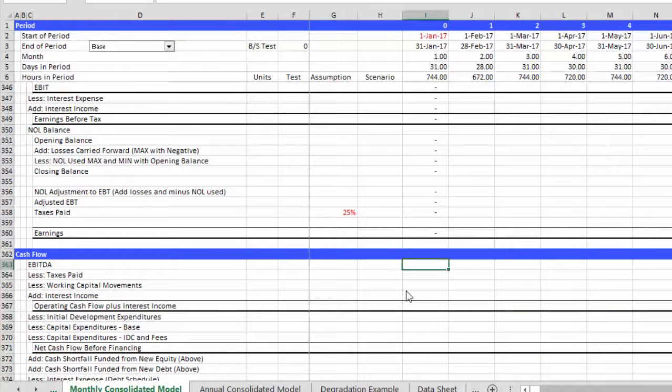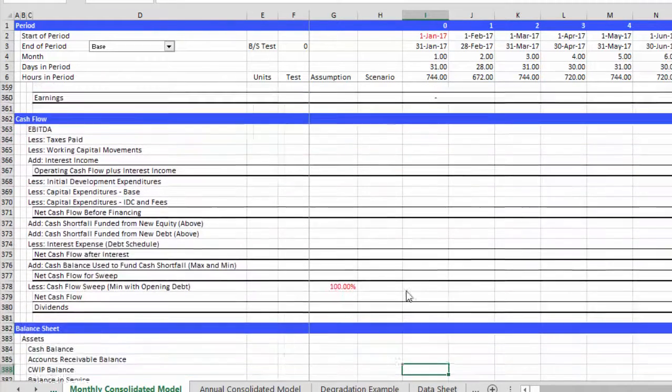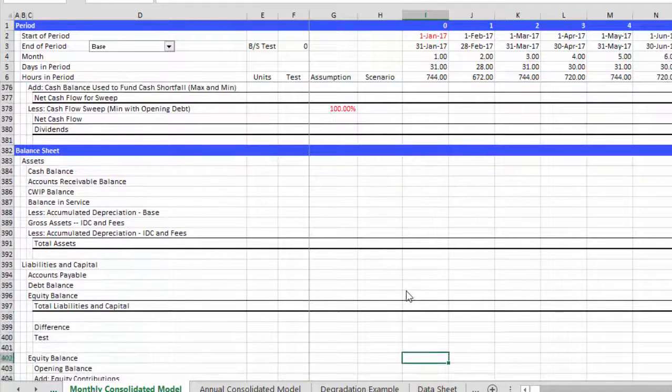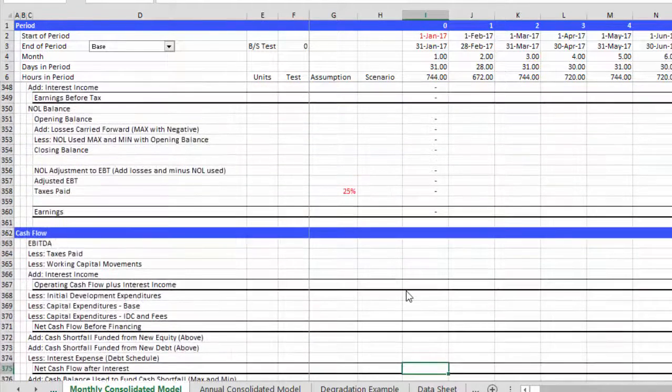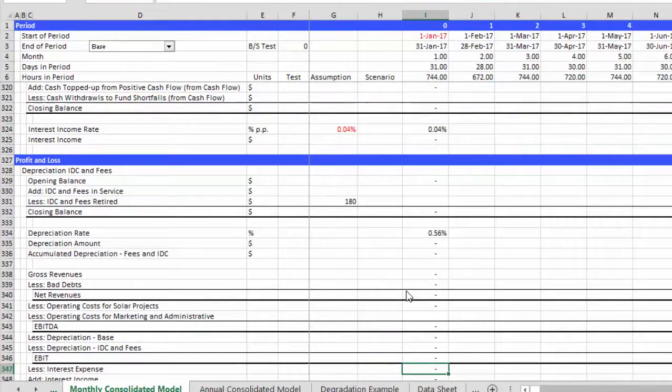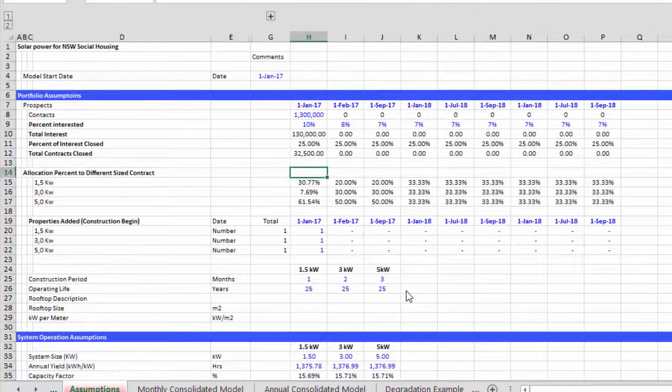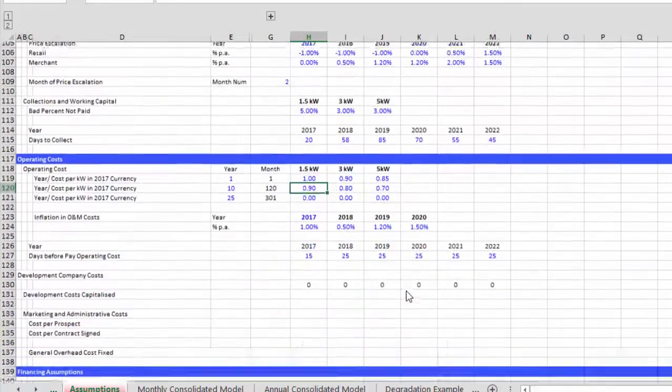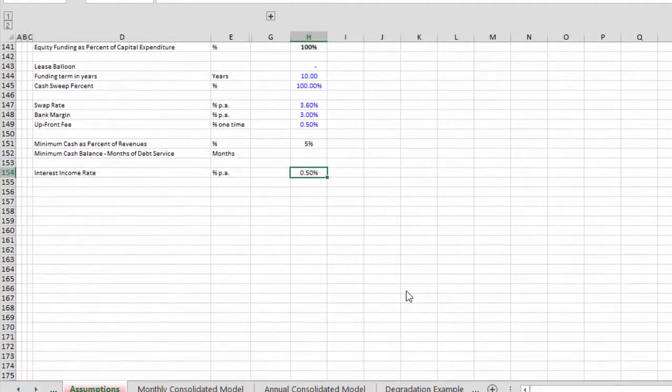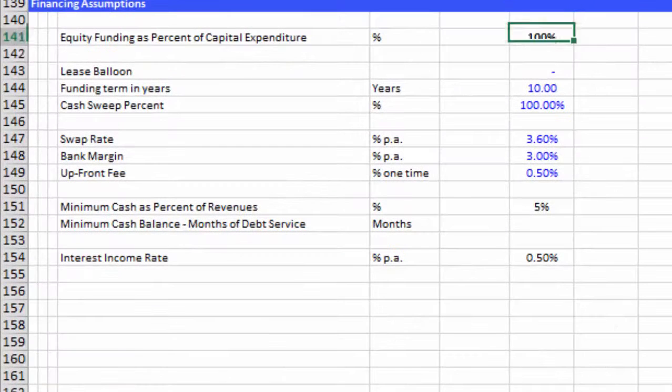Okay, so we have finished the profit and loss statement, and now the cash flow and the balance sheet are left. And the other thing that would be nice to look at is to see what happens if we change the debt, the equity percent from 100% down to zero.